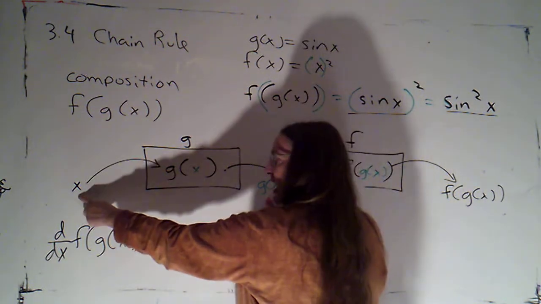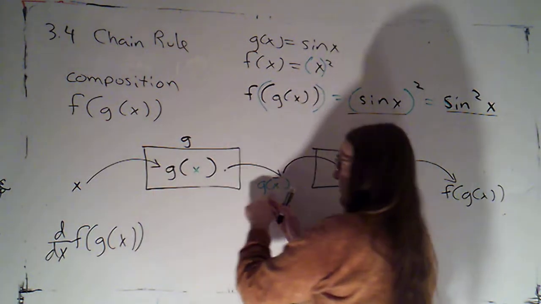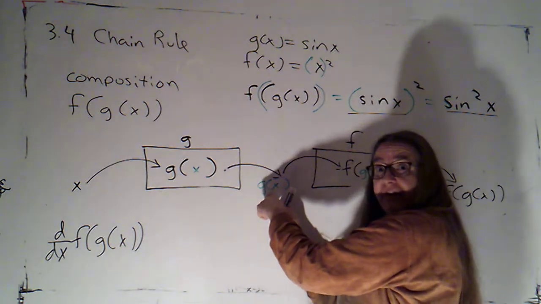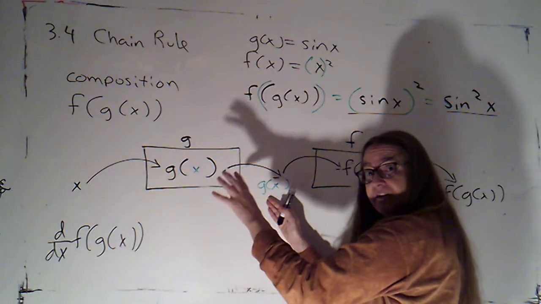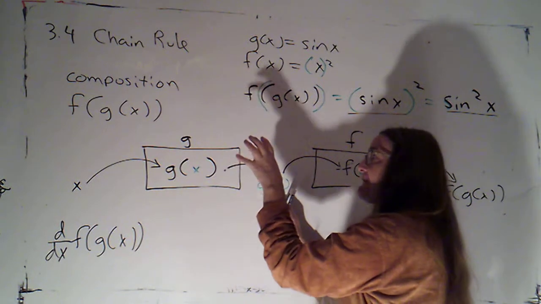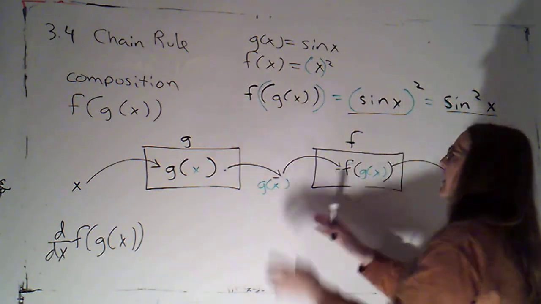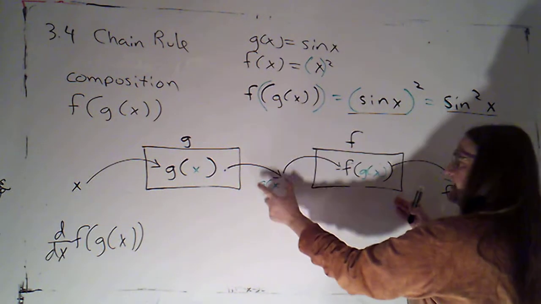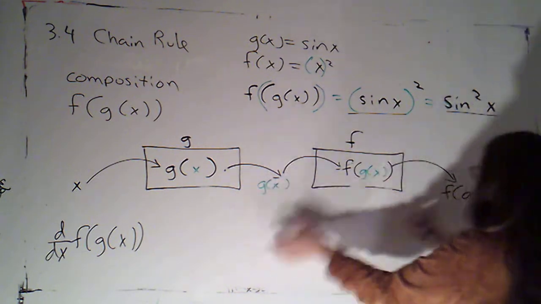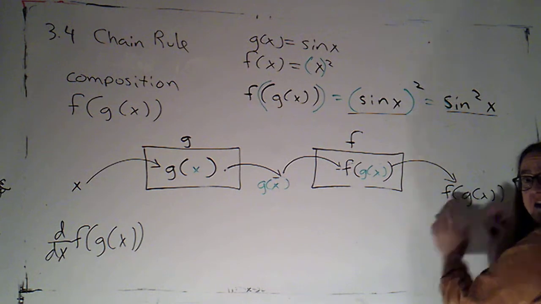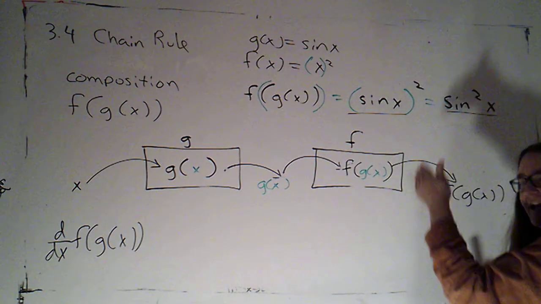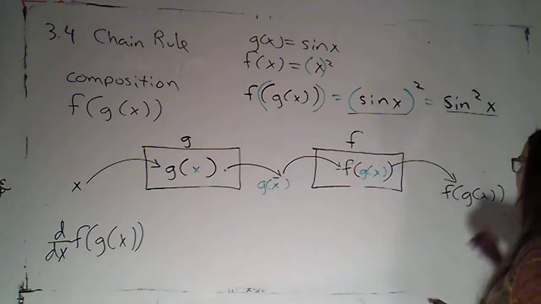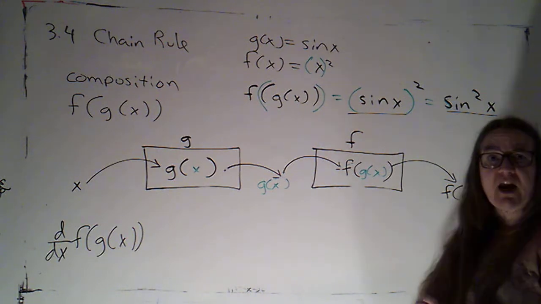So if I were to change x, that's probably going to change the output of g of x. Okay? That's going to be measuring the rate of change of that first step. But then I take that and I plug it into f. So if I've changed x, that's changed this, that's going to change the output. So it's a two-step process. There are two functions that are going to contribute to this rate of change.